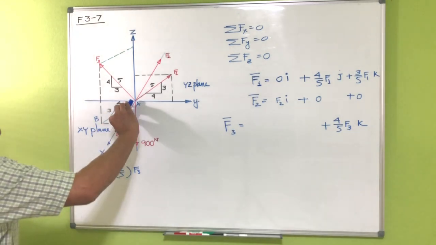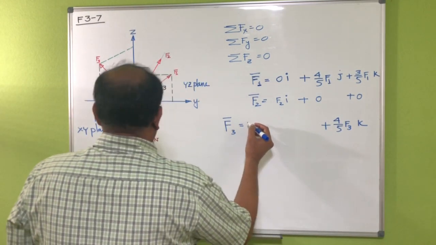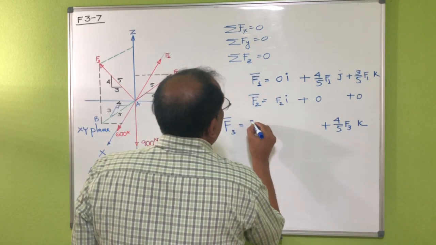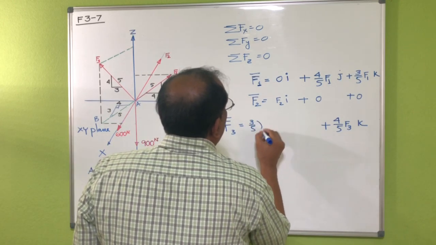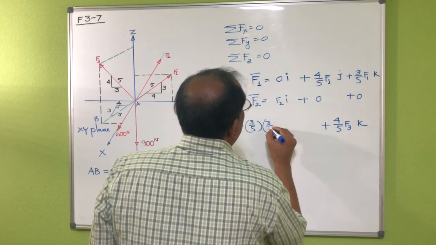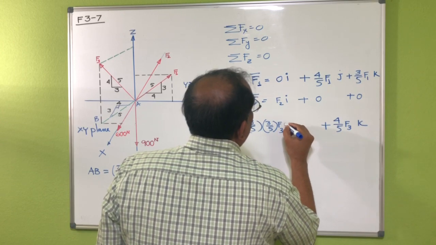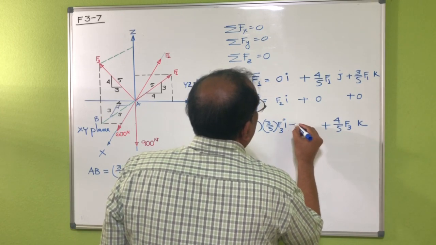Along this axis it is 3/5, so x is 3/5 of AB, which is 3/5 of 3/5 of F3, i.